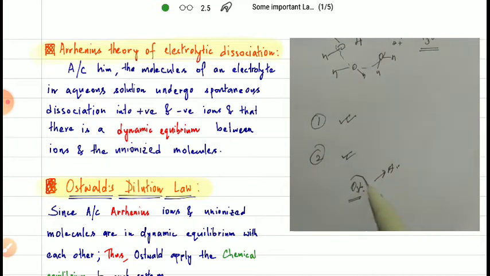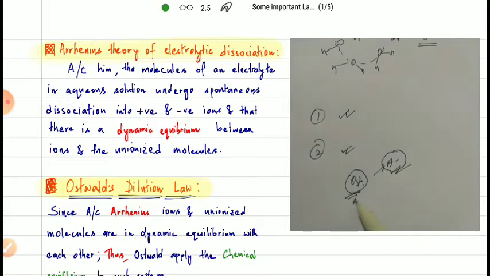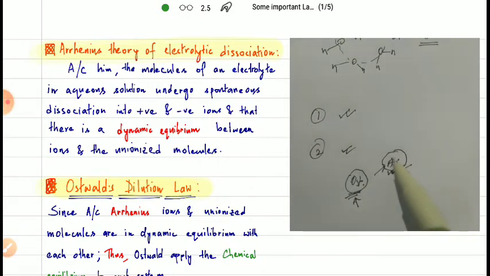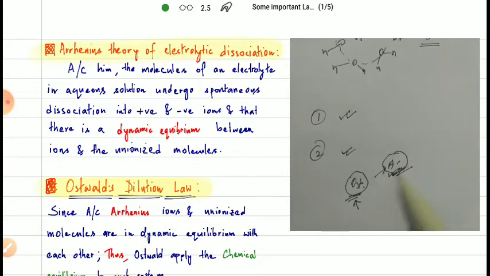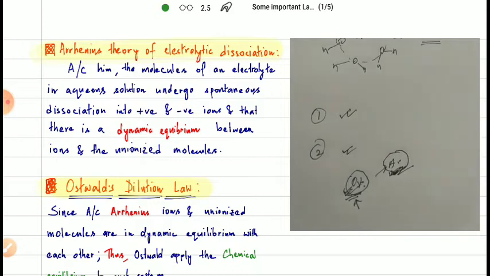That means he used the concept of Arrhenius theory and added some other concept to it, or we can say he was inspired by the Arrhenius theory, and by that inspiration he gave one new law, your Ostwald dilution law.